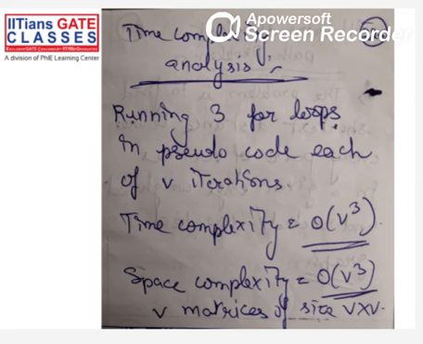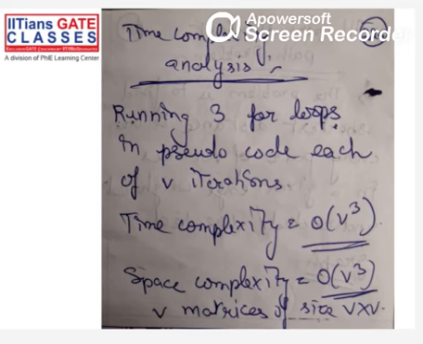So anyone having any doubts in this? If not, then we'll go to the time complexity part. We'll check the time complexity for the algorithm. Now the time complexity is very simple. We are running three loops. From one matrix, you're trying to obtain the other matrix, right?